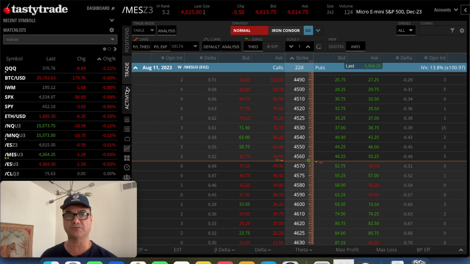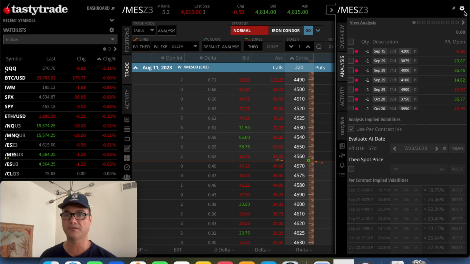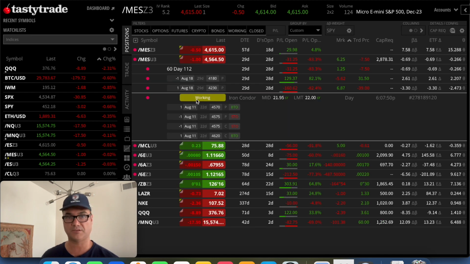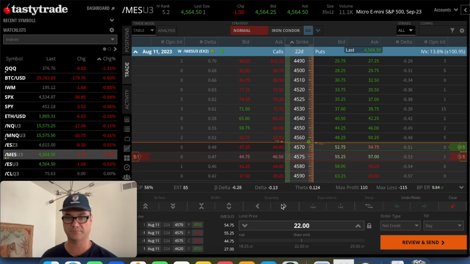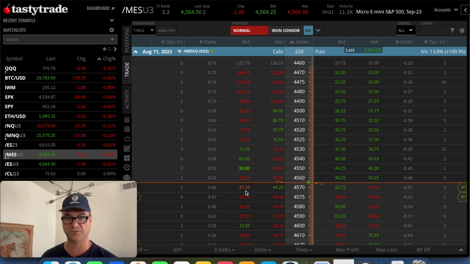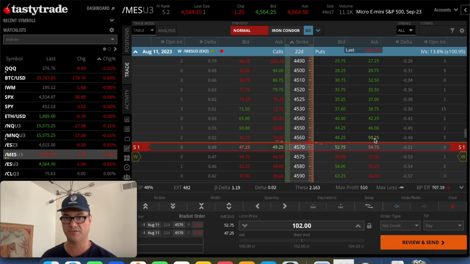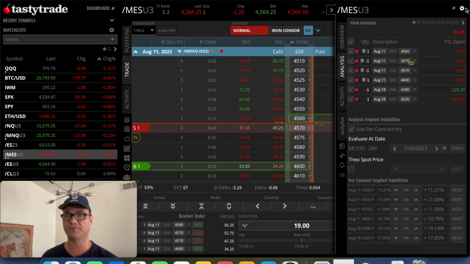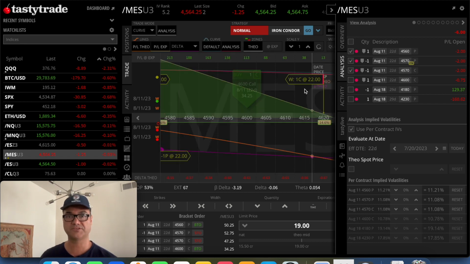If we look at this trade, I have to go back here and replace the order. Actually, I'm going to cancel it and re-enter it. So I'm selling one, buying one, and buying one. Note that position-wise, it's the exact same risk profile.